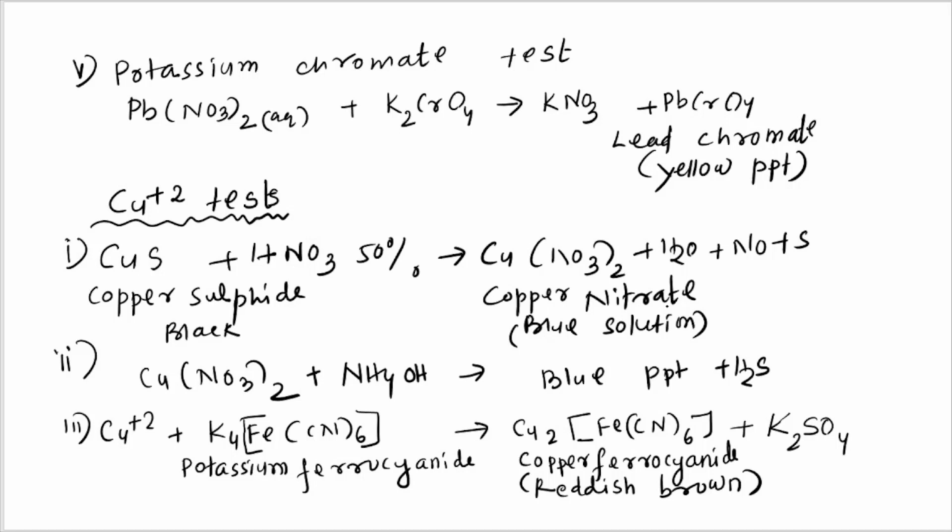You will do the confirm tests for lead +2 and copper +2, and the reactions are very important. Then only can you proceed easily with the analysis and confirm test of the particular cation, like Pb +2 and Cu +2. I hope it is clear to you, and that is qualitative salt analysis of basic radicals, zero group, first group and second group, and their confirm tests. Thanks all for watching my video on zero, first and second group analysis.